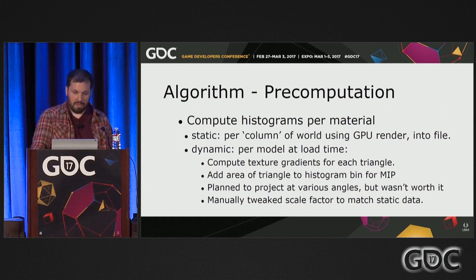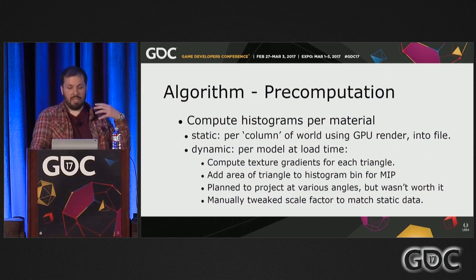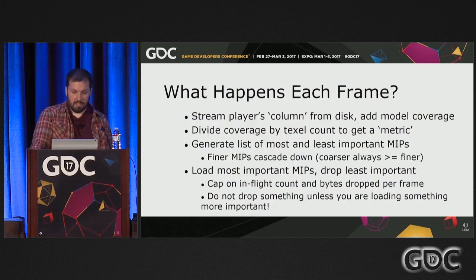And then from there, you can take the GPU data and combine it with the dynamic data to get your final values, and we use a manually tweaked scale factor to bring that area metric into the same domain as the offline GPU number of pixels visible metric.